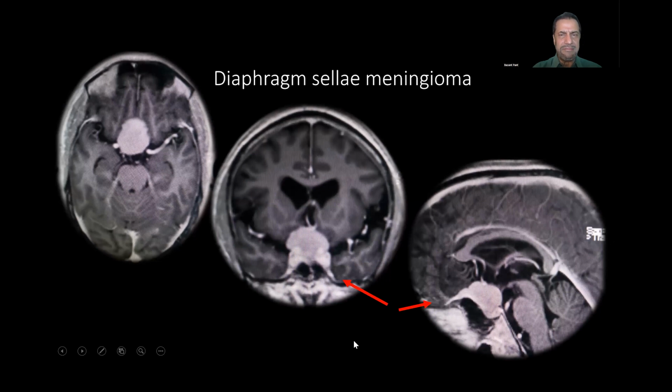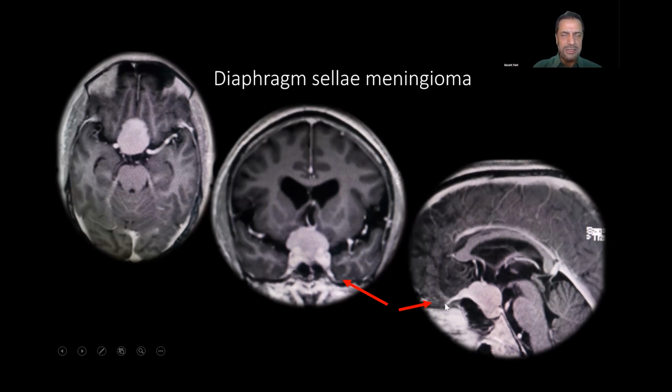This is a case of a diaphragma sellae meningioma, where it looks like, again, a pituitary tumor or craniopharyngioma. But then if you look, there are some hallmarks like there is a dural tail, a tail-like thing which is coming. So this is also an extension of the tumor. If you operate here, then you see that there are more vessels and some tumor there.